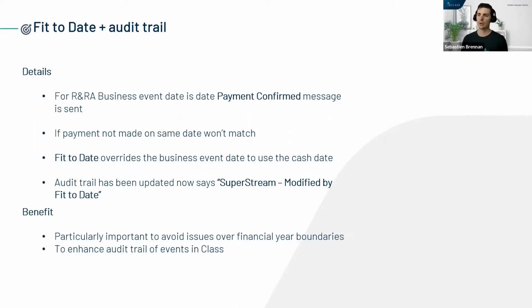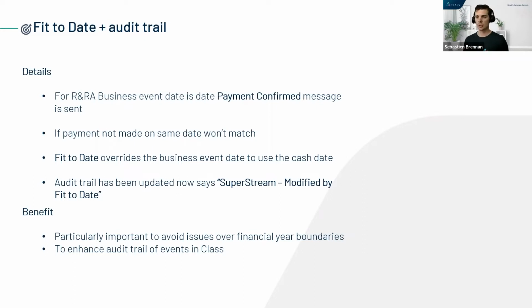The issue that was arising is that if you confirmed payment, but then you didn't actually make the payment on the same day, then the dates for the cash event and the business event did not match. This was particularly pronounced if the cash date and the business event date occurred in different financial years. That caused issues for how the rollover was accounted for.